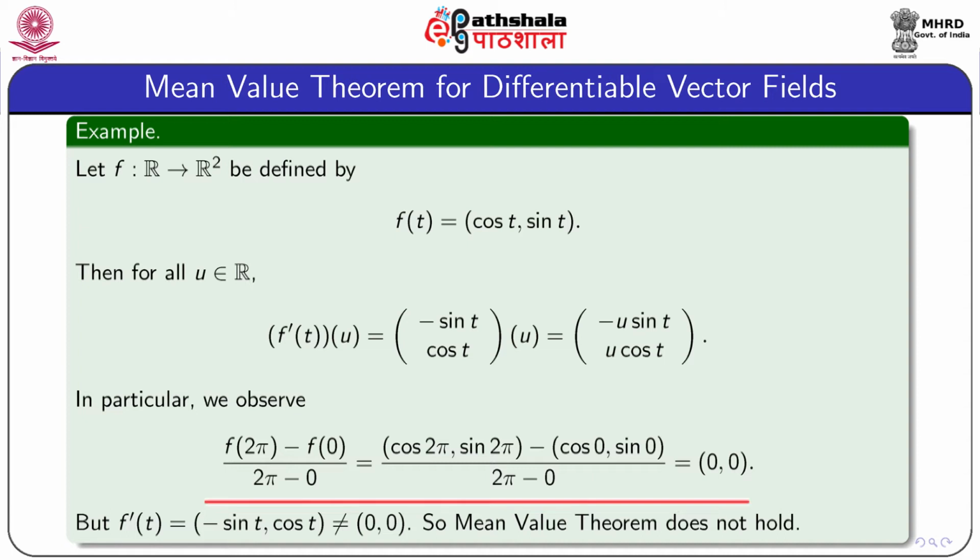Then we find (f(2 pi) minus f(0)) divided by (2 pi minus 0) is 1 by 2 pi times the vector (cos 2 pi, sin 2 pi) minus (cos 0, sin 0), and it is nothing but the vector (0, 0). But f'(t) is the vector (minus sin t, cos t), and for any value of t it is never (0, 0). So, the mean value theorem does not hold, that is, we are not getting any vector equation like the previous one.